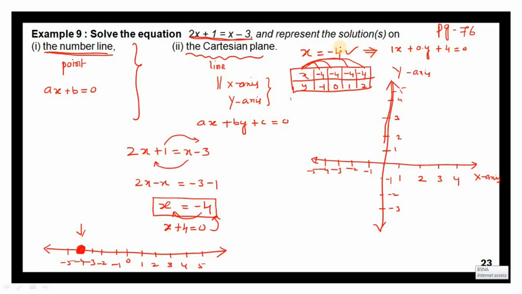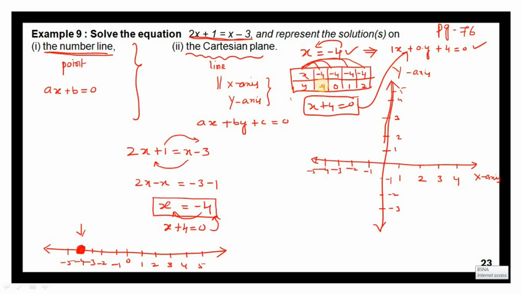I have taken -4 inside, so that is nothing but x plus 4 is equal to 0. I wrote it this way: 1x plus 0y plus 4 is equal to 0. Now this is a linear equation in two variable form.